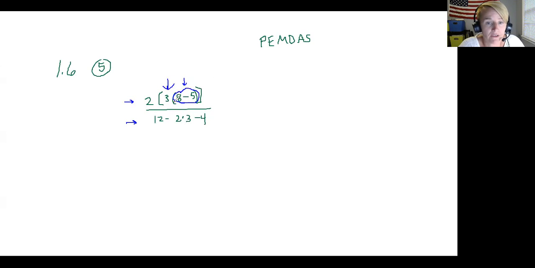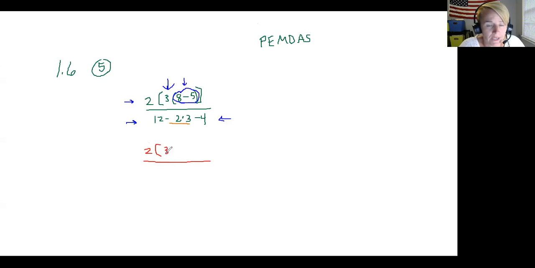8 minus 5. Now down here on the denominator, I don't have any parentheses. I don't have any exponents. So the very first problem I have to deal with down here is this multiplication. And it says -2 times 3. So I'll bring my red here, and I'm going to clean up what I have. My 2 is going to stay out. I have a bracket.